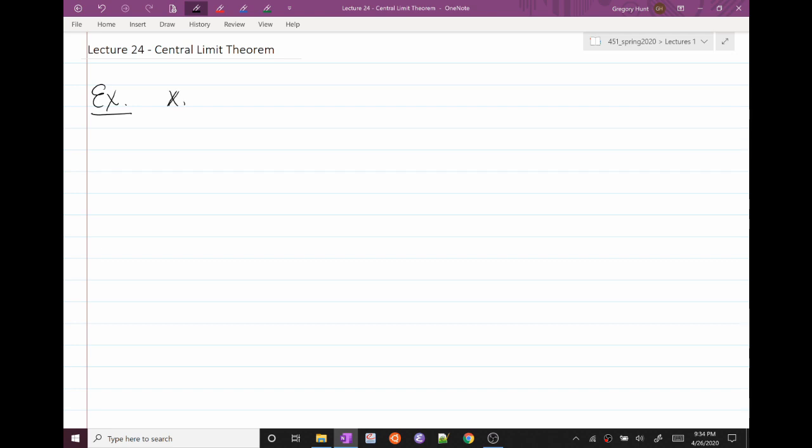In our example, we're going to have a sequence X1, X2, X3, etc. And all of these are going to be IID uniform 0, 1. So they all come from a uniform 0, 1 distribution, and they're all independent.